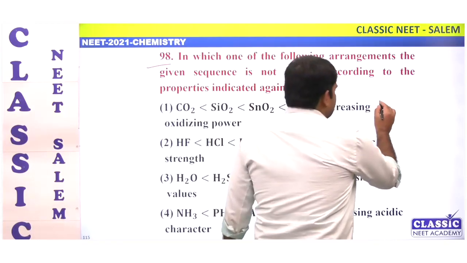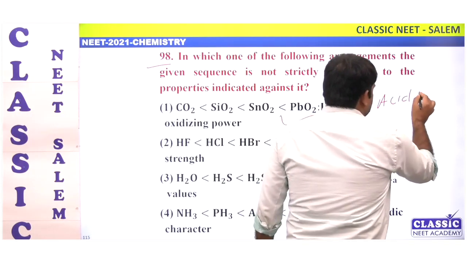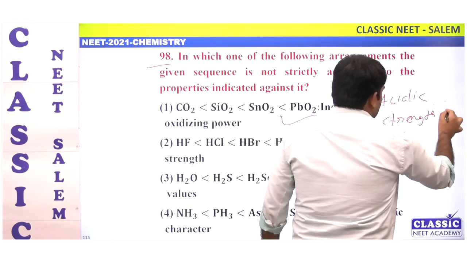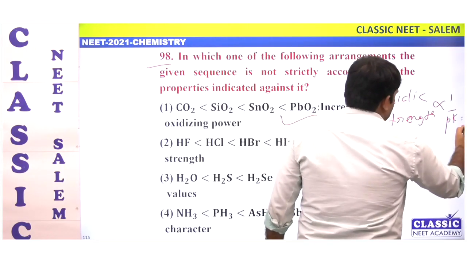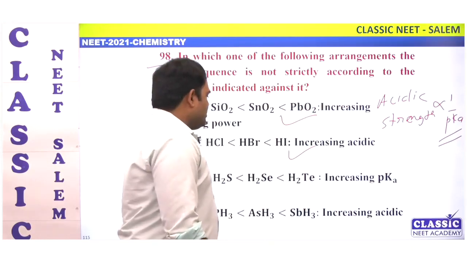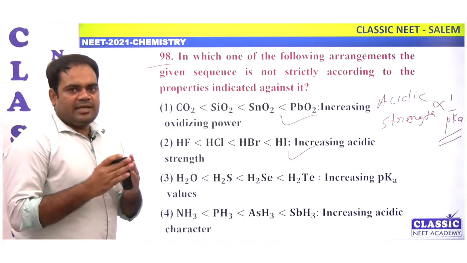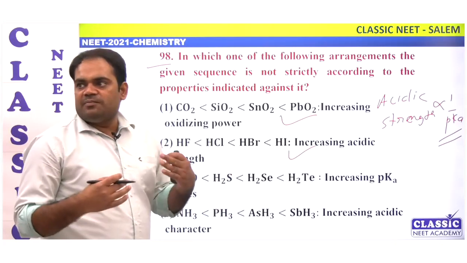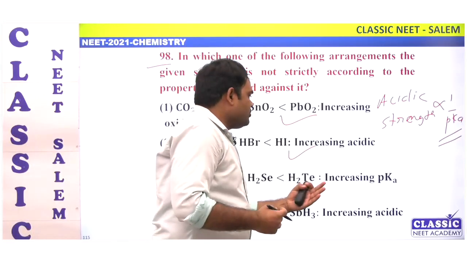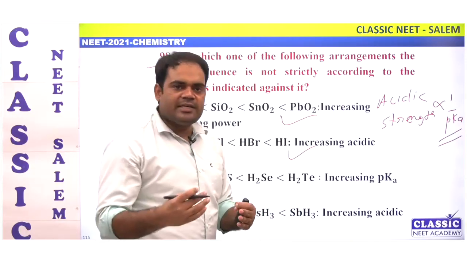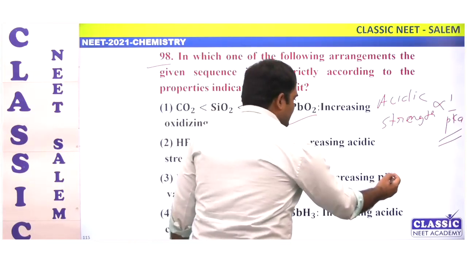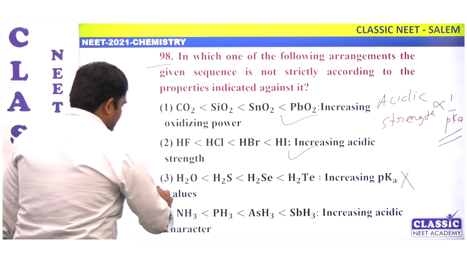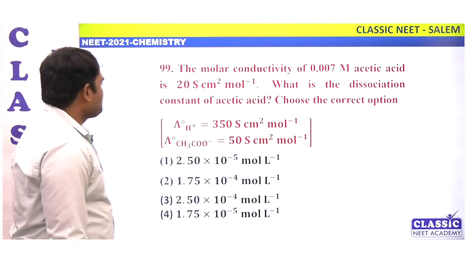Acidic strength is inversely proportional to pKa value. So look, going top to bottom, the acidic strength of the hydrides of the oxygen family is increasing. If acidic strength is increasing, what about the pKa value? pKa value should decrease. And here it is given as increasing, so that is the wrong statement. So the wrong one will be which? It will be the correct answer.